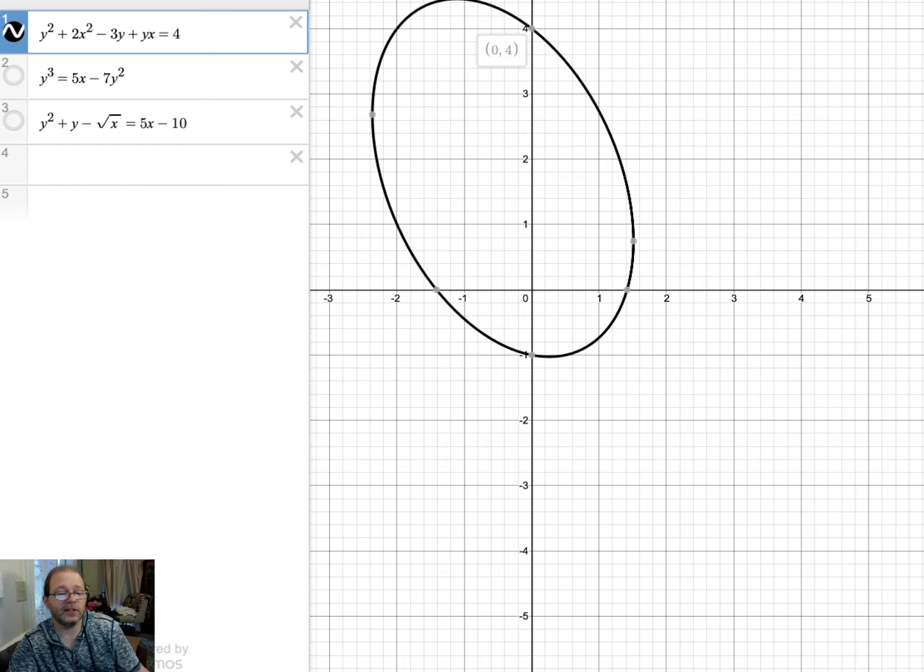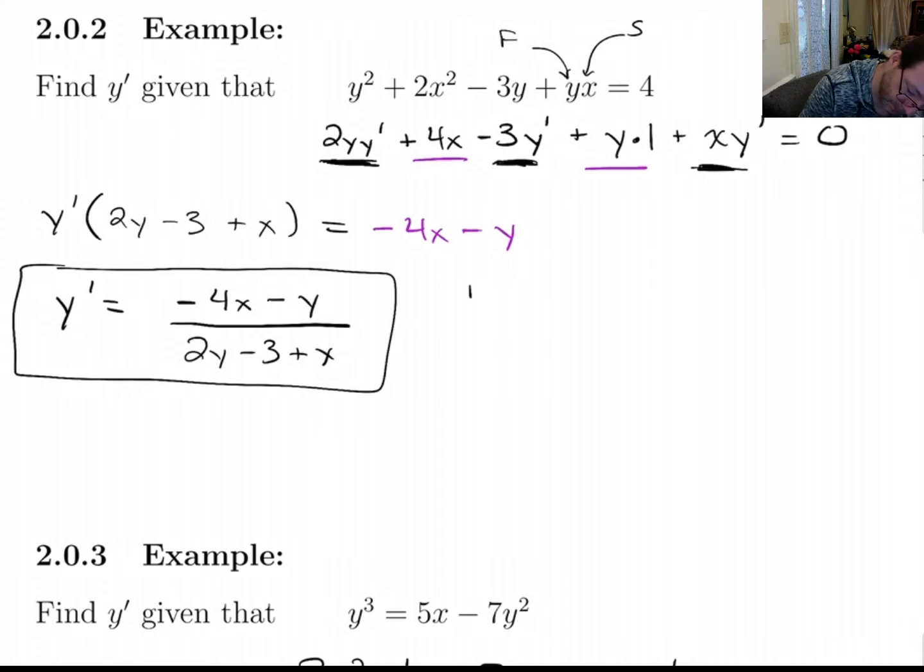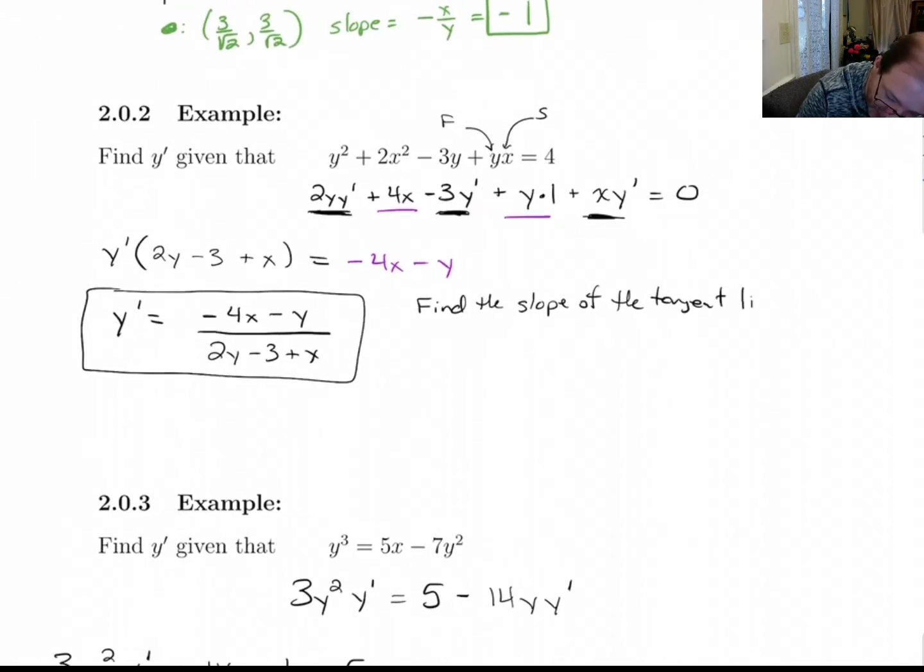But 0, 4 up here, that's a really nice point. 0, negative 1, and also negative square root of 2, 0. Let's find the slope at the point 0, 4. Find the slope of the tangent line at the point 0, 4.